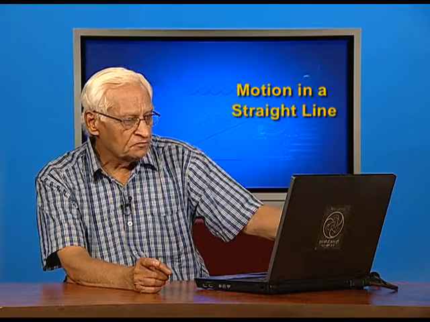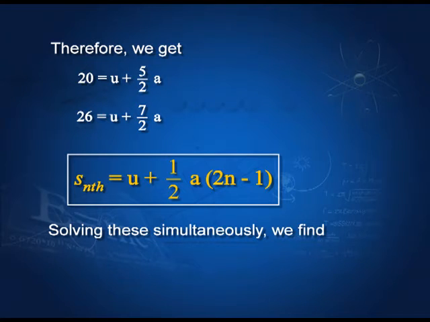In this case, we have got 20 meters equal to u plus 5 by 2 a and 26 meters equal to u plus 7 by 2 a. Solve these equations and we get a equal to 6 meters per second square and u equal to 5 meters per second. But this formula is important: the distance covered in nth second is u plus half a into 2 n minus 1.